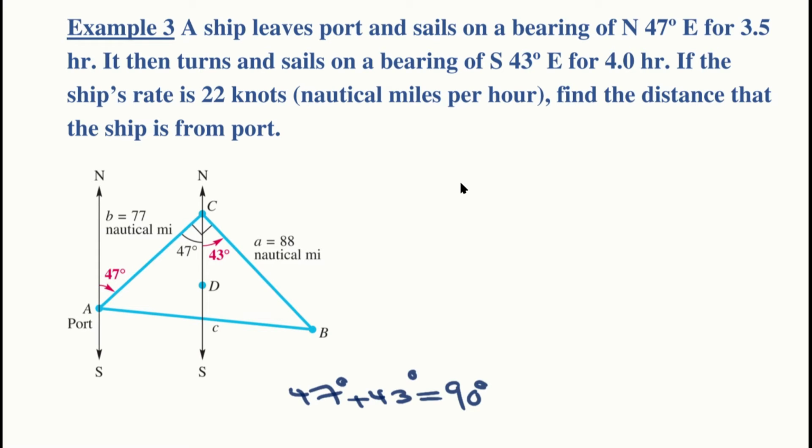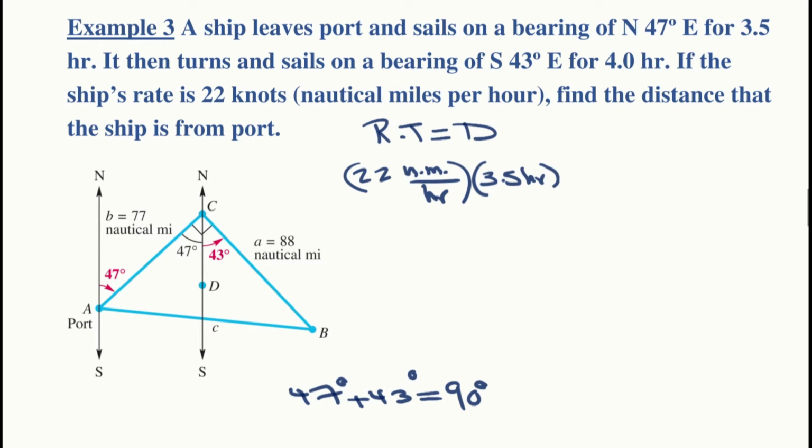Recall that rate times time equals distance. Now we know that for this leg of the trip, the ship was traveling at 22 knots for 3.5 hours. So if we replace R with 22 knots, which is nautical miles per hour, and multiply it by 3.5 hours, let me put the units like this so you can see what happens. Nautical miles per hour, times 3.5 hours.